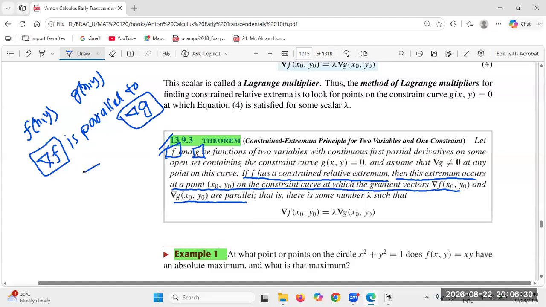So these two vectors are parallel, but we don't know the magnitude of these two vectors, whether they are equal or not. So if we want to equate these two vectors, gradient of f equals gradient of z with a multiplier, let's say lambda.